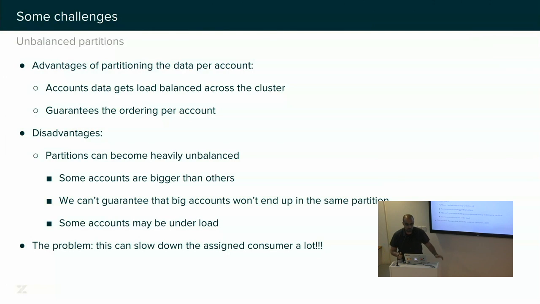So this introduced a big challenge, which is whenever that big account is producing a lot of load, either because of suffering with a lot of load or because there is some job that is running on that account that is deleting data or creating batches of data, this can produce a lot of data into that single partition, which will just make the consumer that is assigned to that partition slow down.